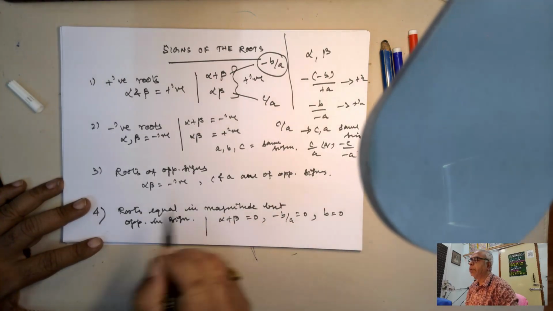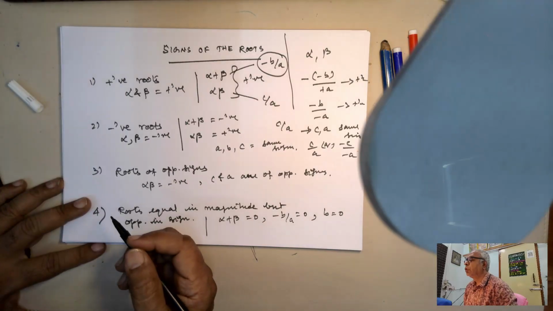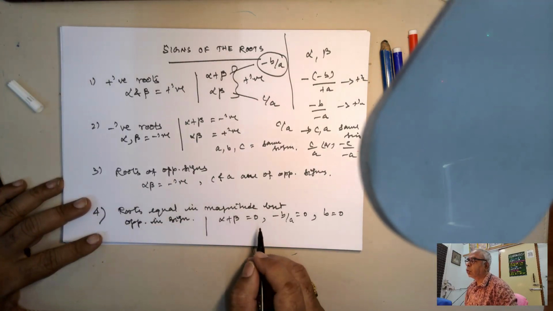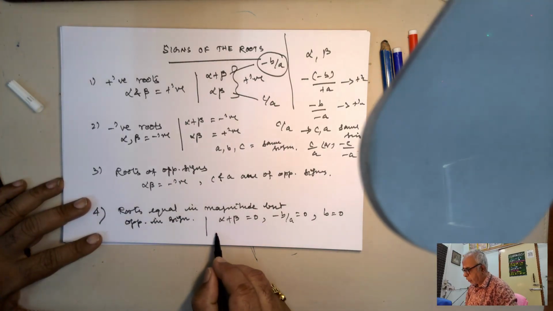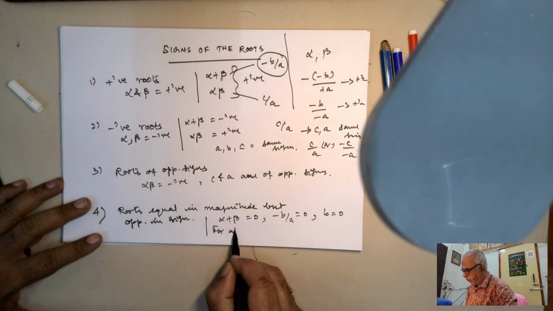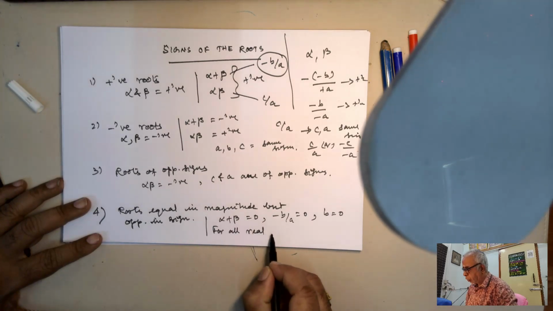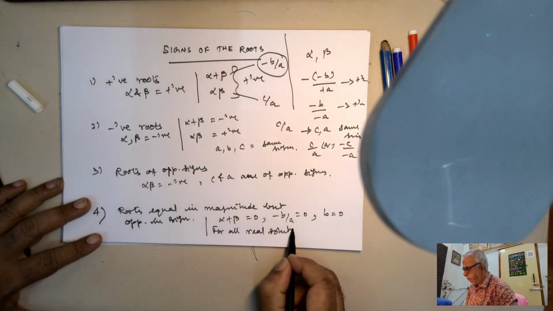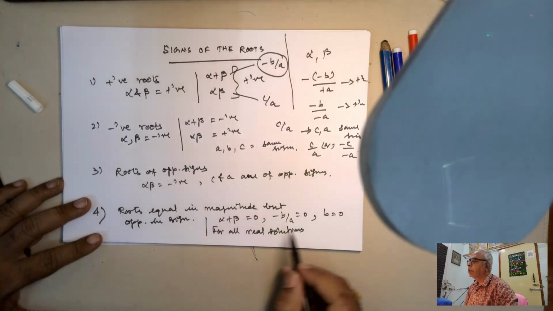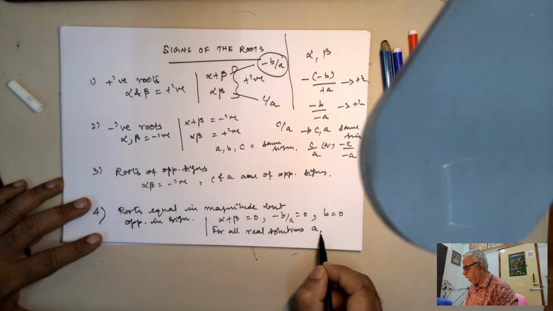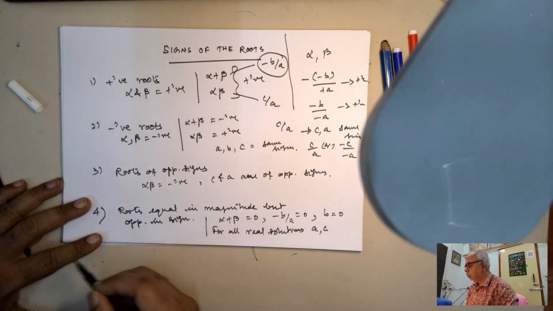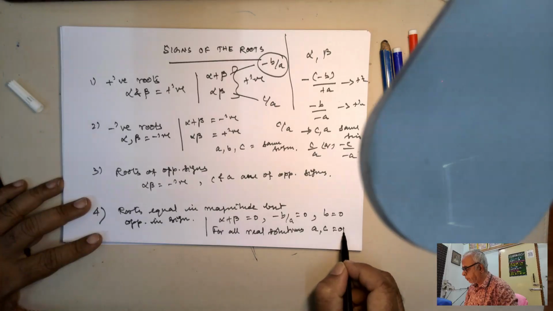Then only we'll get minus b by a equal to 0. So for all real solutions, the signs of A and C should be opposite.